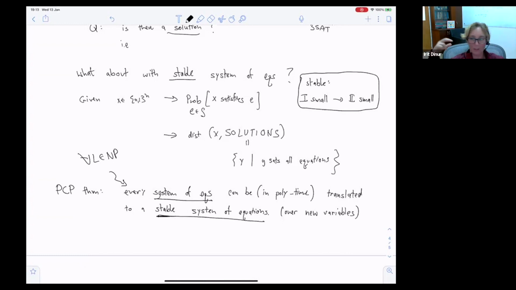Because if you could always find 99%, then because of the stability, 99% of the stable system implies existence of a solution in the original system. So why am I saying all this?